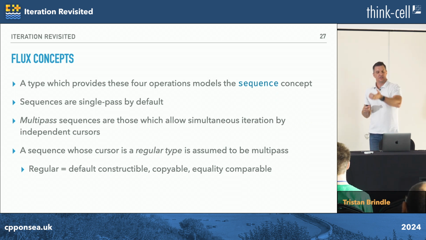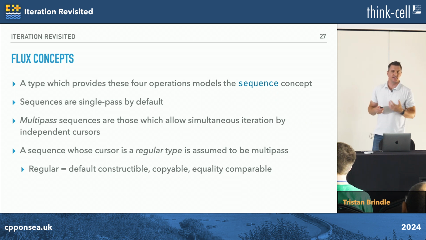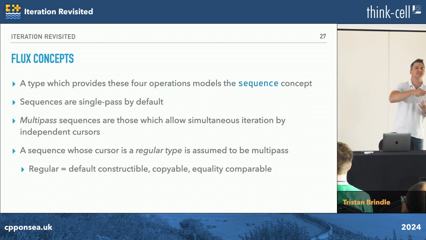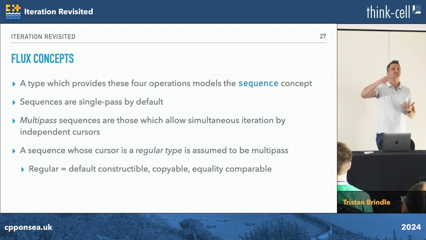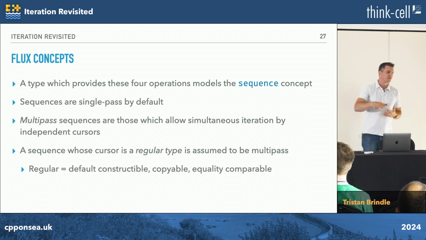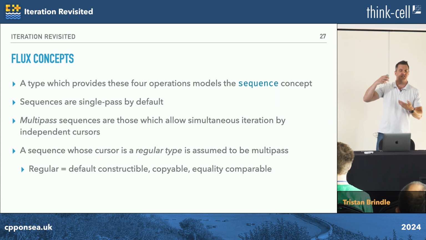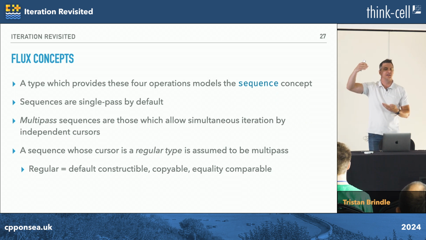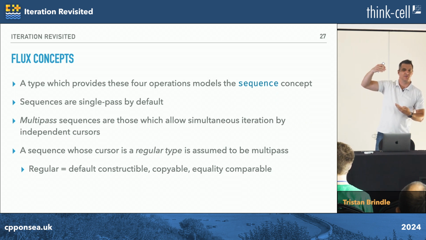So for multipass sequences, cursors are required to be regular types, and conversely, if your cursor type is regular, then we assume the sequence is multipass. Because it turns out that just semantically, cursors for single pass sequences should be move only. Because we can't save a cursor position, we don't want to be able to copy a cursor for a single pass sequence, right?